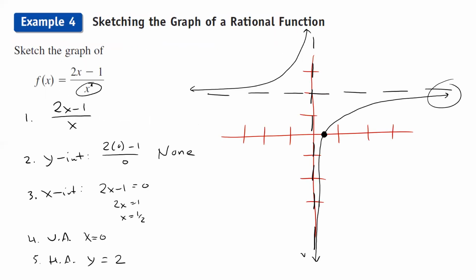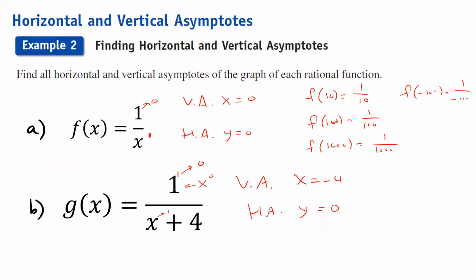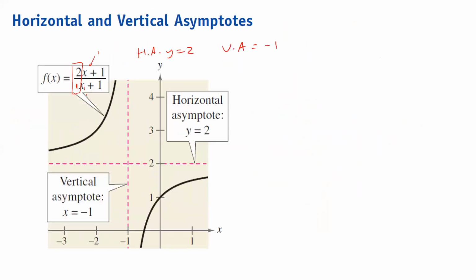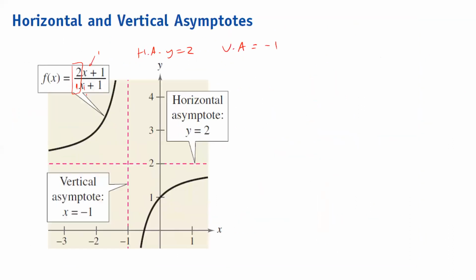So going back over here, where are the conditions? Sorry, we're going to go all the way back, all the way to here, right? Is it A, B, or C? It's A. The degree on top is a 1. Degree on the bottom is a 2. That's a proper fraction. So we have ourselves the x-axis as the horizontal asymptote.